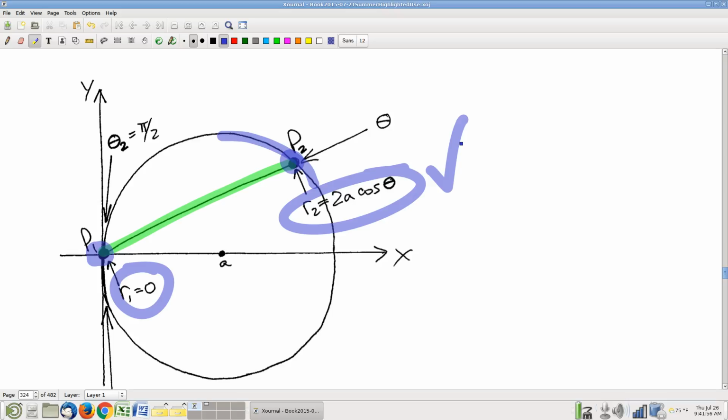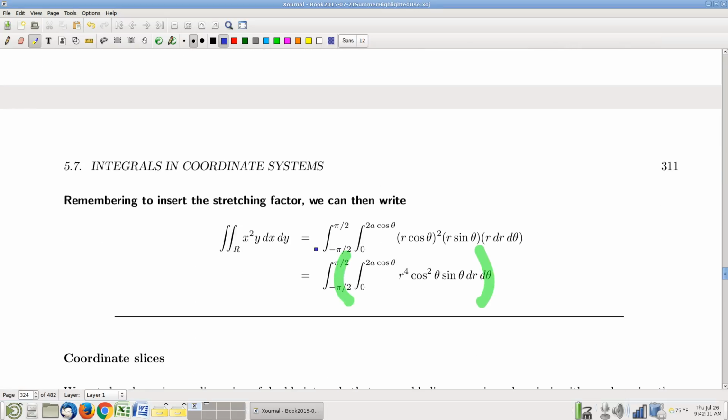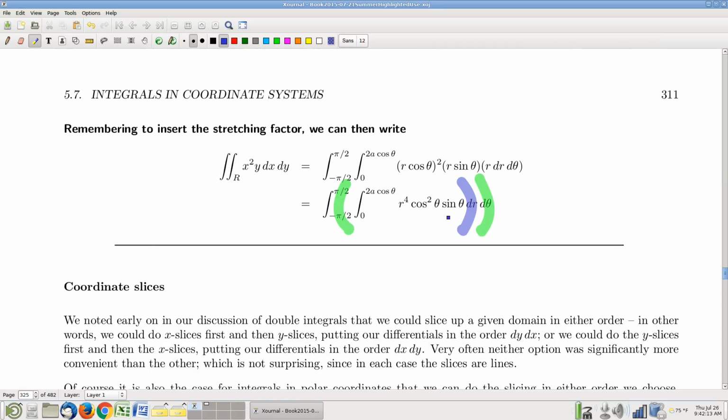In this equation, we need to solve for r. It's right there, already been done. So that upper bound is going to be 2a cosine theta. Everybody happy with that? Okay. So r goes from 0 to 2a cosine theta.